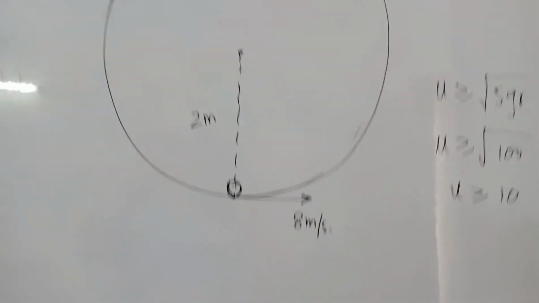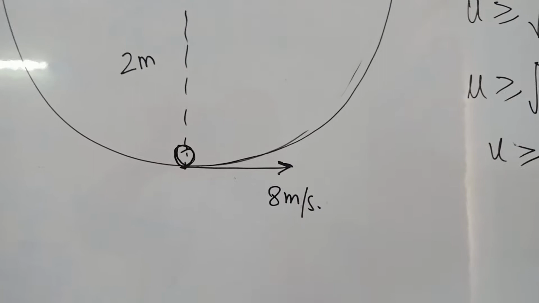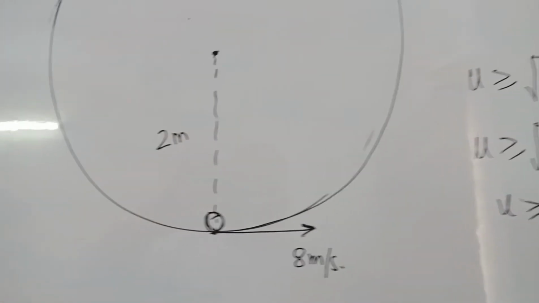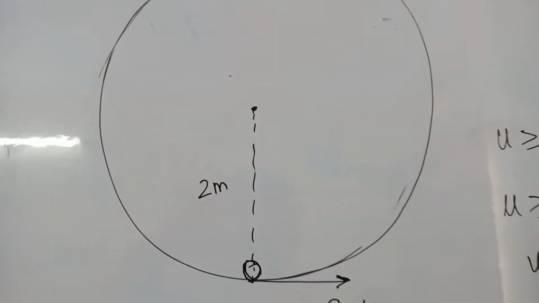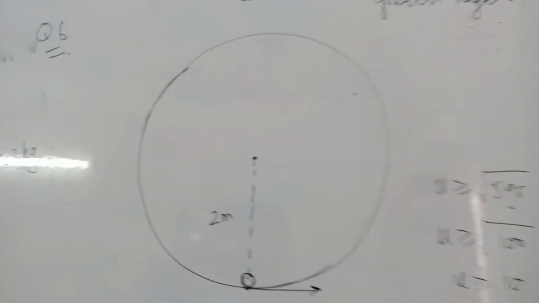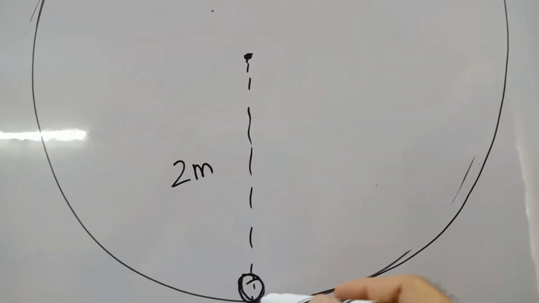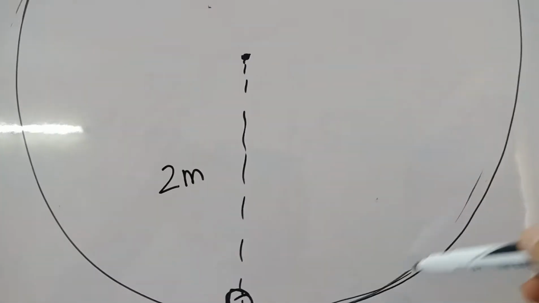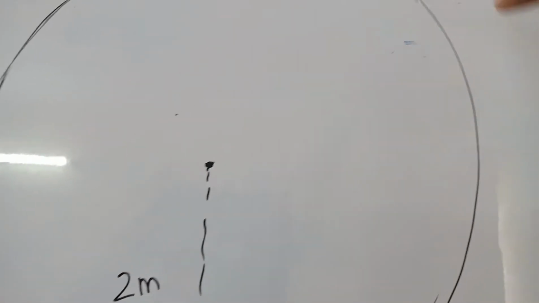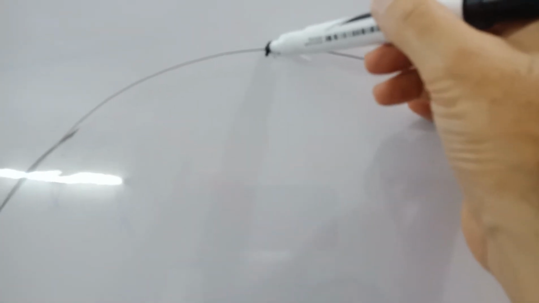Okay, so right now we're given the initial speed as 8 meter per second. So what do you think? Will this particle complete the vertical circle? Obviously not. If it moves in this vertical circle, it will not be able to reach this point.